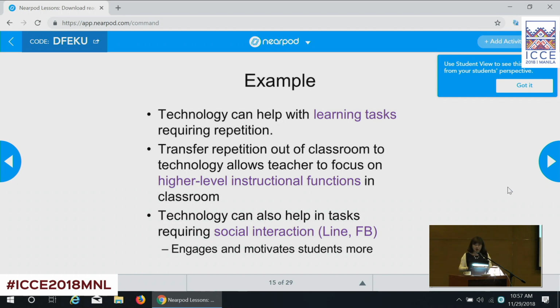For example, to engage and motivate students more, teachers can create a very authentic learning environment where learners from different countries with different cultural backgrounds are encouraged to interact with each other socially and very actively to complete the assigned tasks by using social network sites like Line, Facebook, or WeChat.